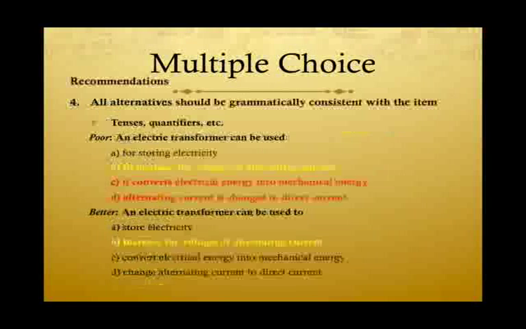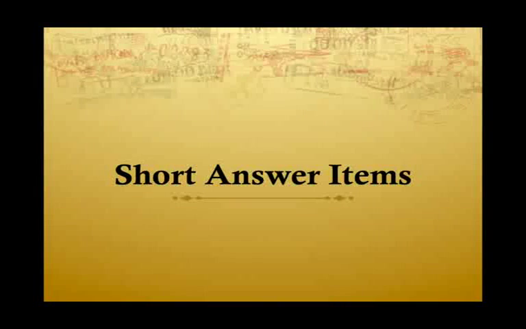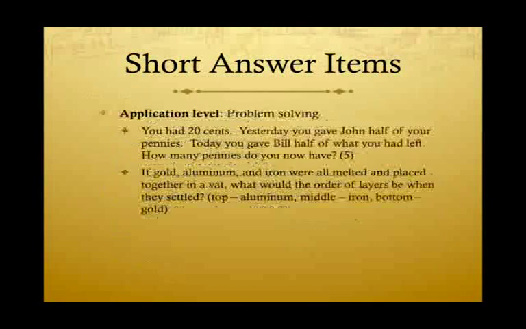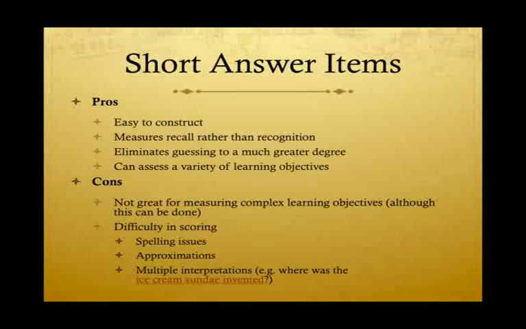If we go with short answer items, the biggest or best thing about this is that you can measure recall rather than recognition. And as we've talked about before, recall is much more difficult. Even if you're working at level 1, it's a lot harder to dredge things up out of your memory if you don't have any cues than just recognizing something out of a lineup.